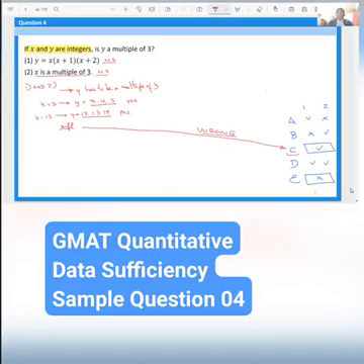Why is that? Because we made a mistake in judgment at the moment of evaluating statement 1 for sufficiency. The fact that x is undetermined, and so is y, and because of this indetermination, we couldn't conclude whether y would be a multiple of 3 in all cases. But this reasoning is actually a fallacy.